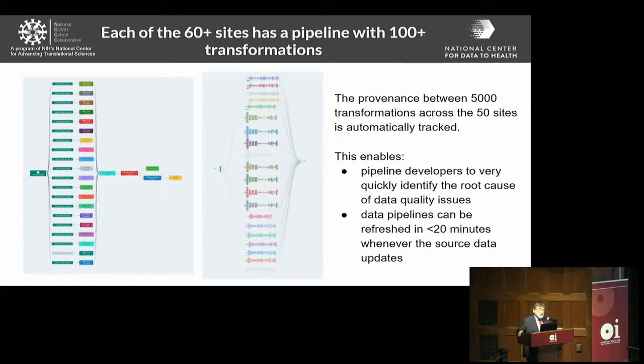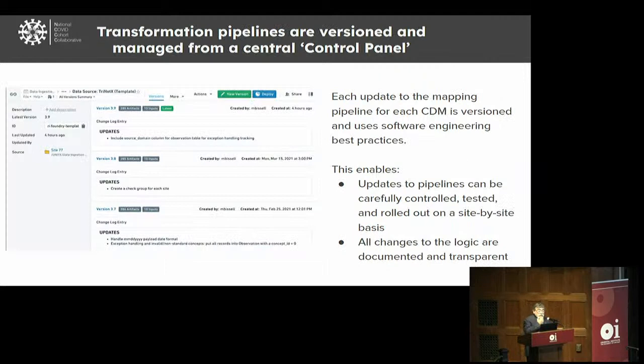And as you might imagine, in a data set this large, frequently, the data quality problems are discovered when the investigators actually try to use the darn data and find inconsistencies. That's the ultimate data quality metric. But we can refresh a pipeline and rerun an analysis and rerun basically the whole enchilada in under 20 minutes.